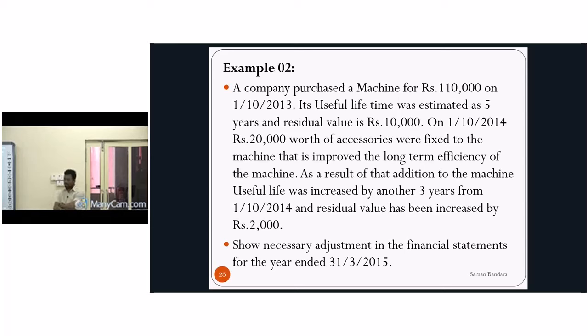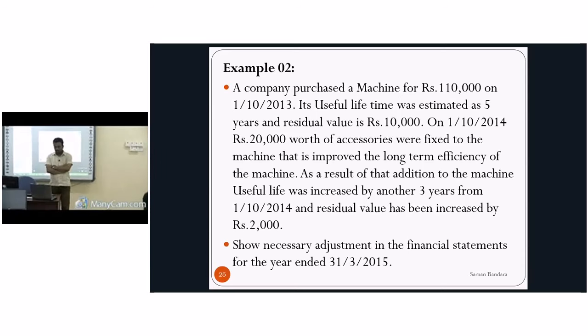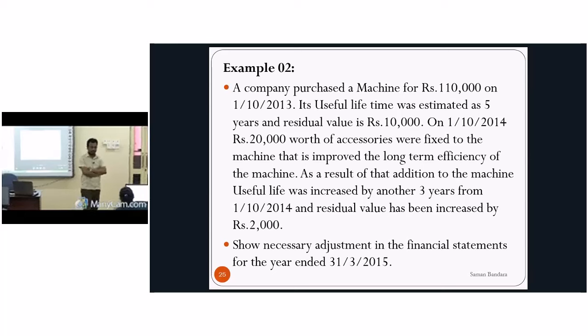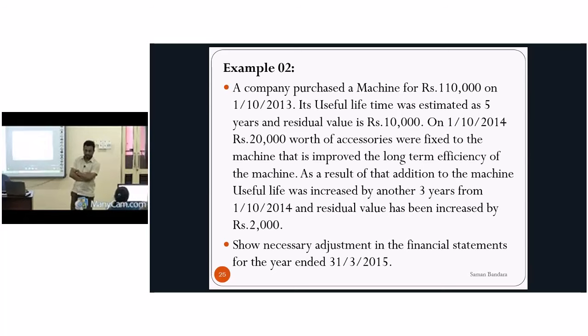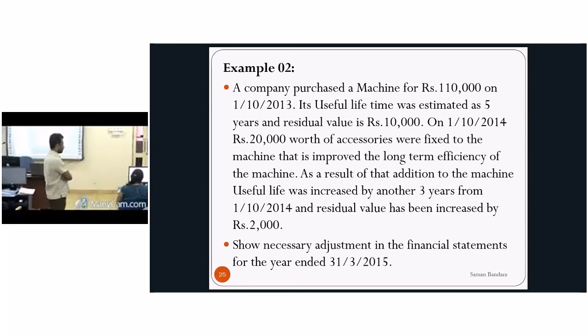Now what is your task? If you write an answer properly, what do you have to say first? This kind of a story again. First, you have to say that this is a kind of accounting estimate change. So that's the first point.